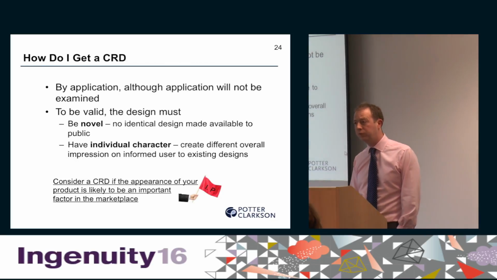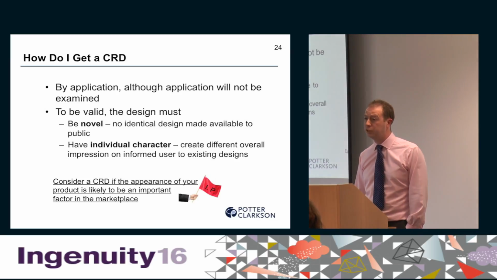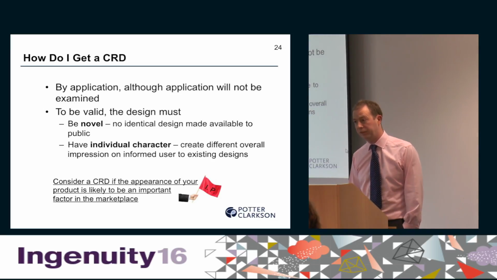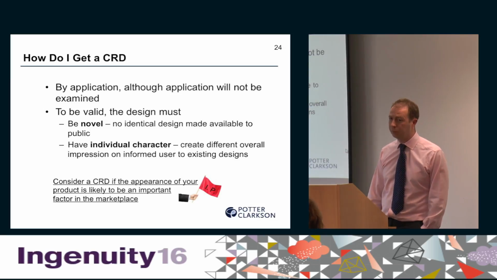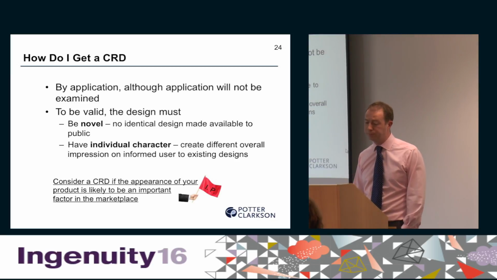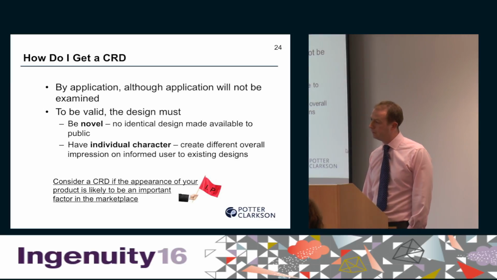So how do you get a community registered design? Well, you apply for one. It's a registration process, so in contrast to patents, where a patent office will check if your invention is novel and inventive, here the designs registry will wave it through and you will automatically get a registered design. But in order to be valid, so for example if you try to enforce it, you would have to prove that your design was novel, similarly to patents, and also have individual character.